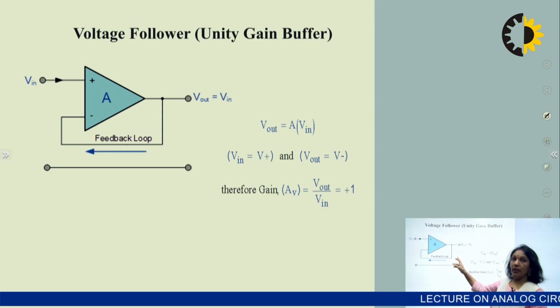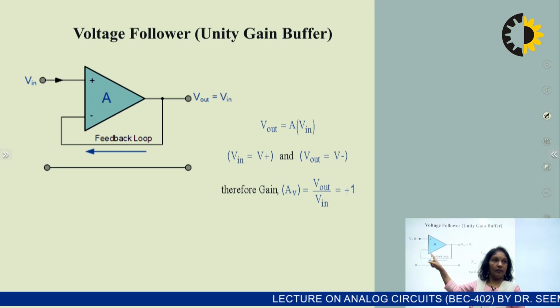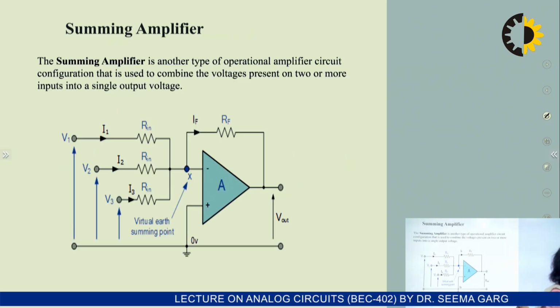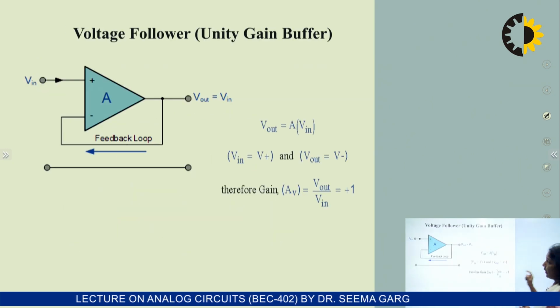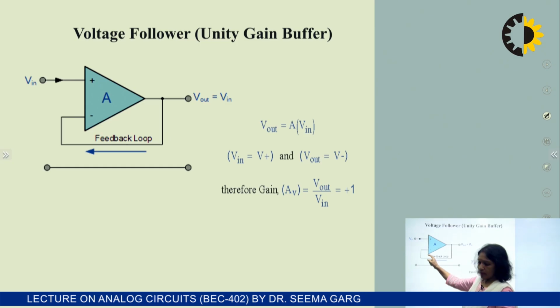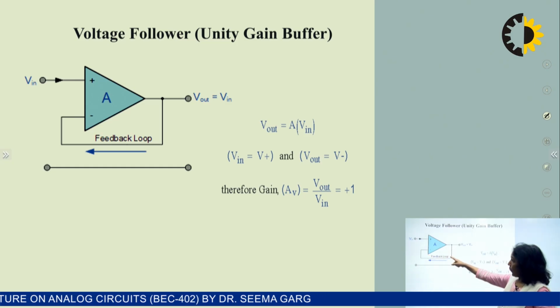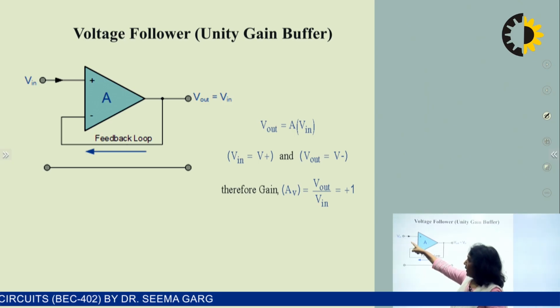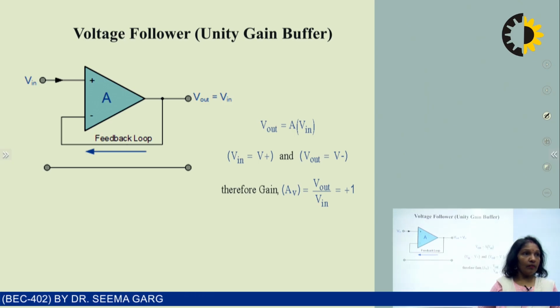If we inspect carefully, we always use negative feedback in operational amplifiers to reduce the gain. That is the reason we always use the negative feedback. So here this is the negative feedback, and the input signal is applied to the non-inverting terminal.